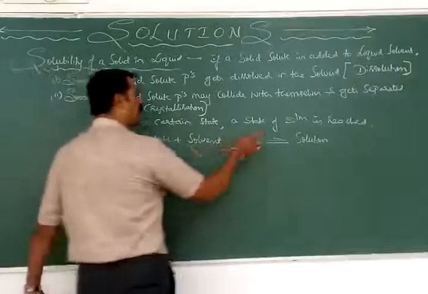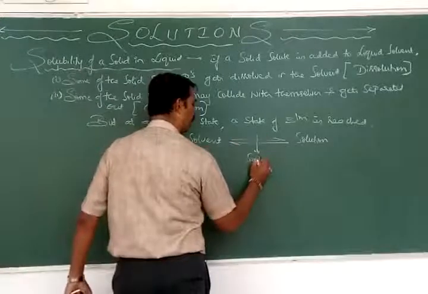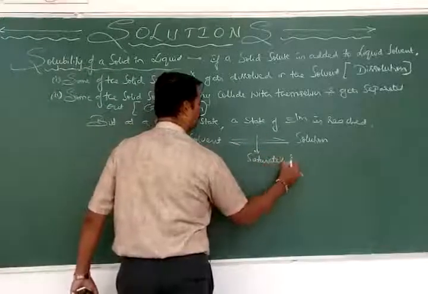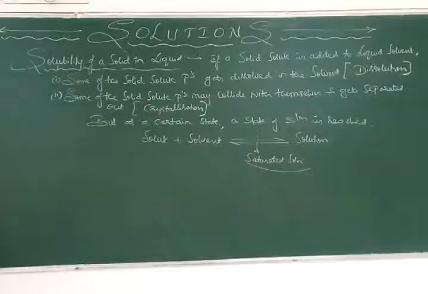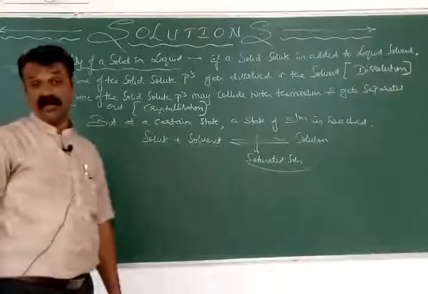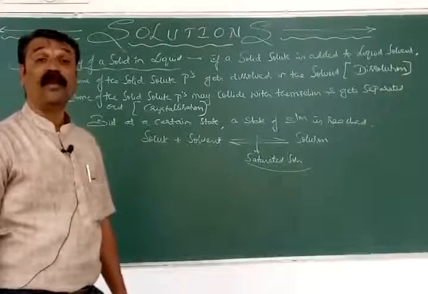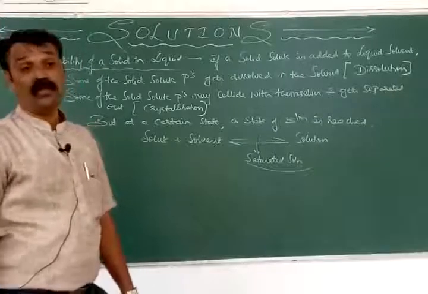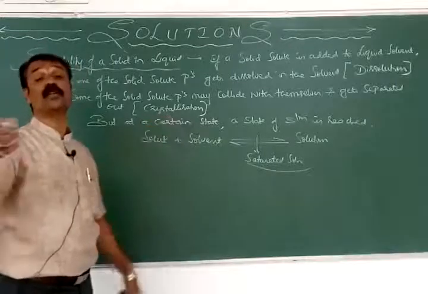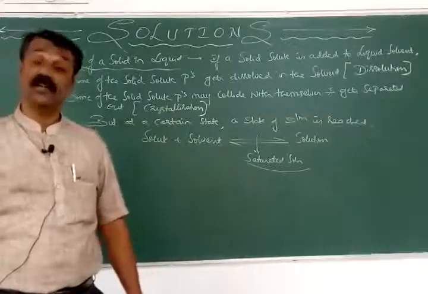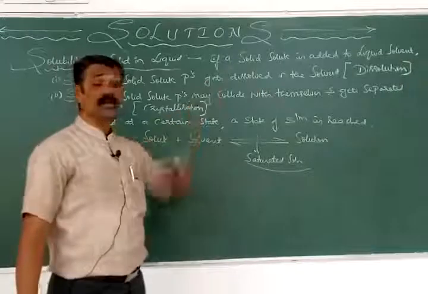This particular solution is the saturated solution. Any excess of the solute that we have added remains undissolved, and whatever solute we have added gets dissolved, and that process is called dissolution.